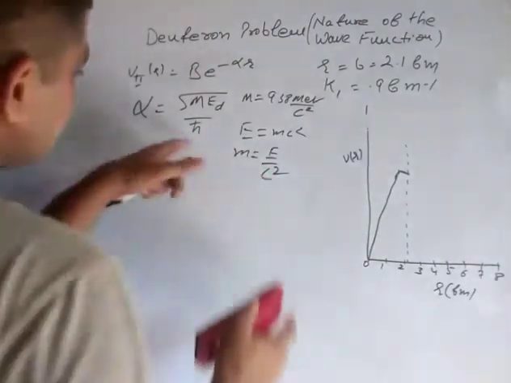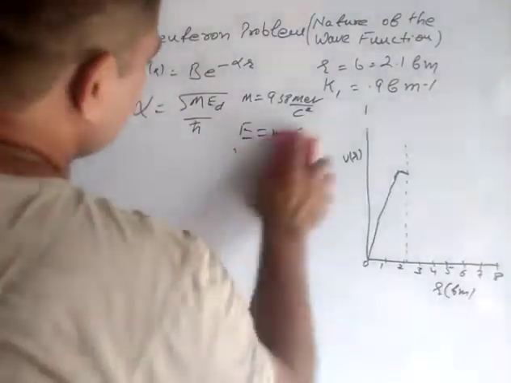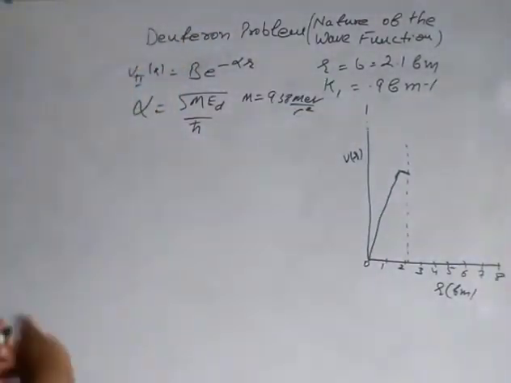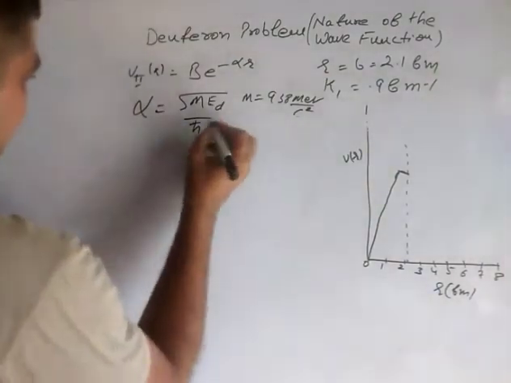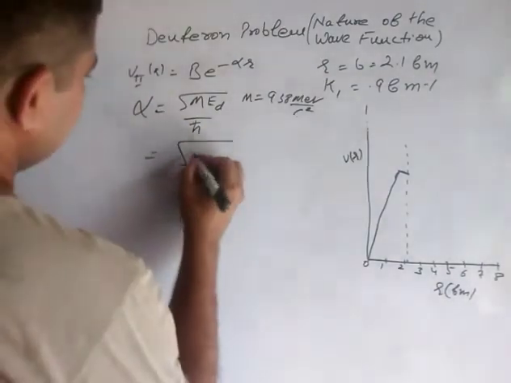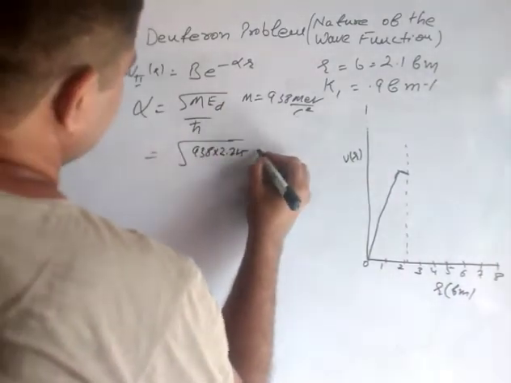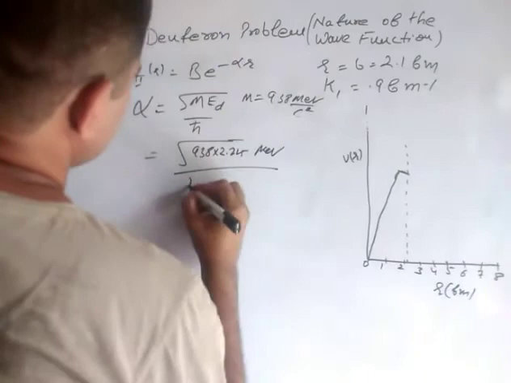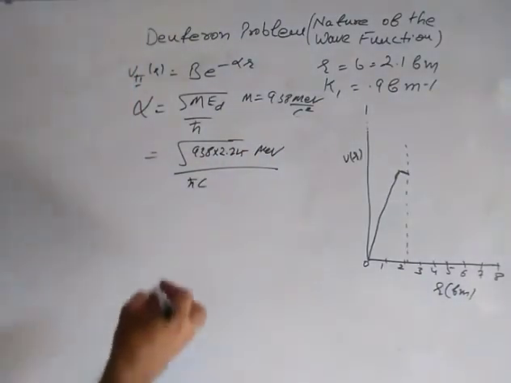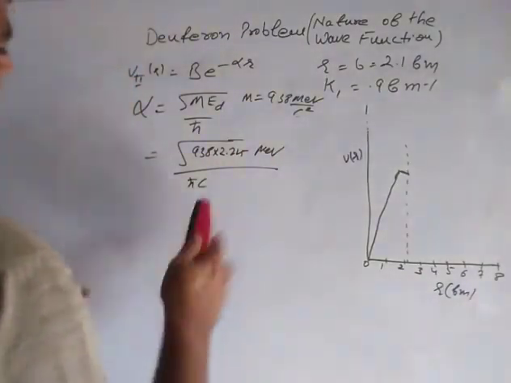So again you will get h cut c and E_d. When you do the calculation, m is 938 into 2.225 mega electron volt upon h cut c, and h cut c I have already calculated: h cut c is 200 mega electron volt femtometer.